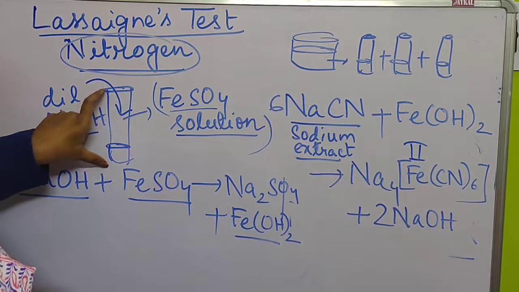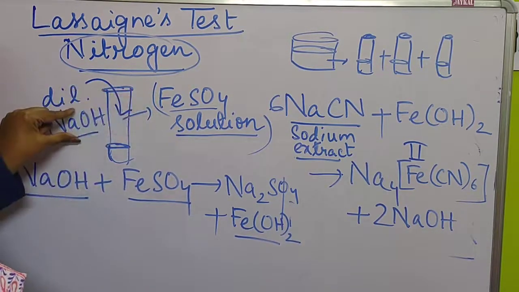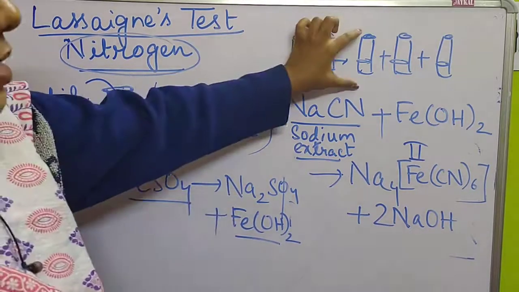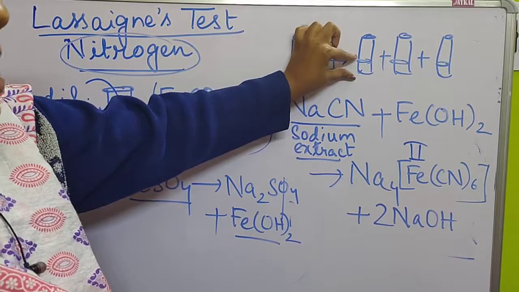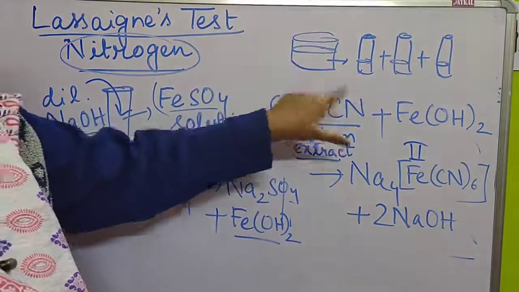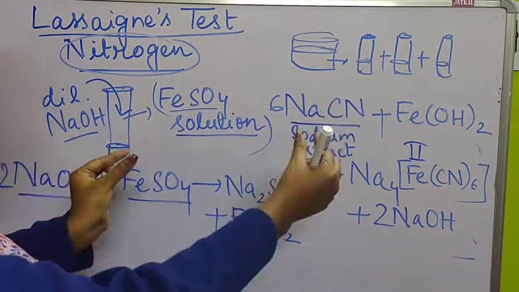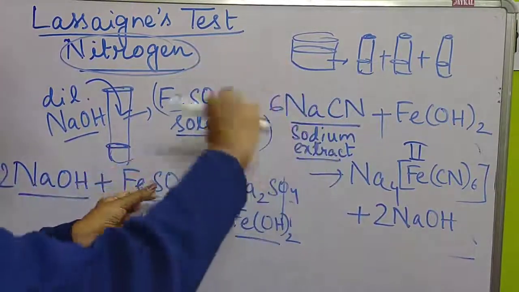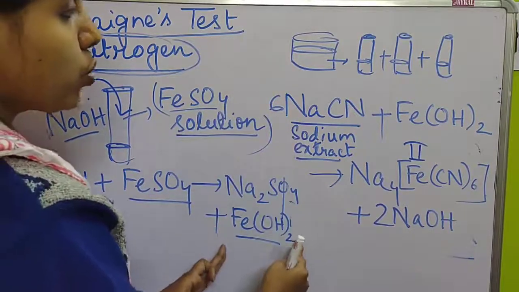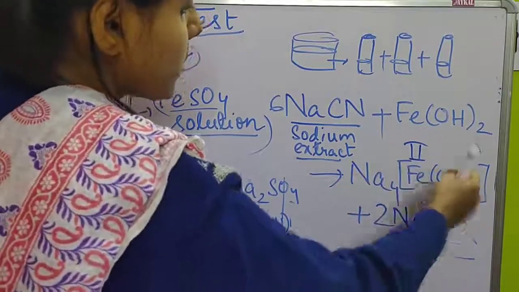In this test tube we have made this mixture of FeSO4 and NaOH, where we are getting these 2 products, and in another test tube there is the sodium extract. Sodium extract means if it contains nitrogen, NaCN is there. Now we have to take these 2 test tubes and mix the 2 solutions. By mixing them, Fe(OH)2 will react with NaCN, forming sodium ferrocyanide.